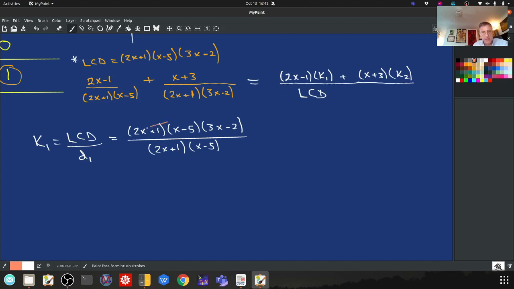So let's cancel out the factors. So K1 is equal to 3x minus 2. My K2 value is my LCD. This is going to be the last one we do today. And if you have questions about one that I've not done, you just email me and I'll work it out for you and send it to you as a PDF.